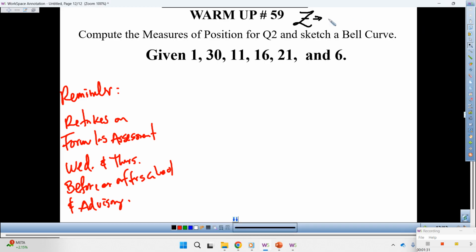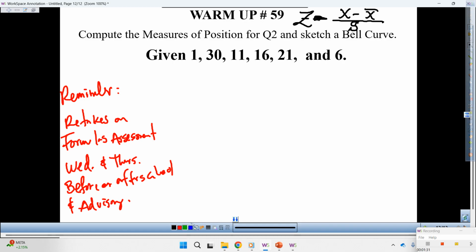Formula for z-score. All right, Austin, pass someone. Hands, if you got that? That is correct. We got x minus x bar over s, which is standard deviation, which means you have to go through the entire thing, get your standard deviation in order to get the z-score.